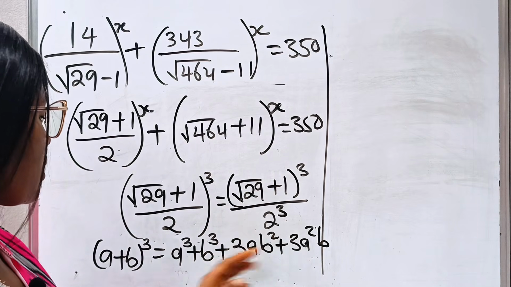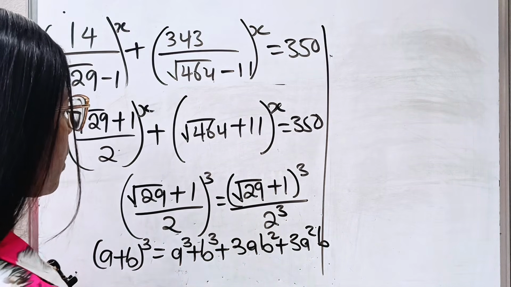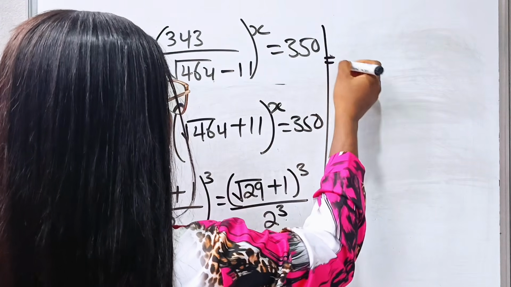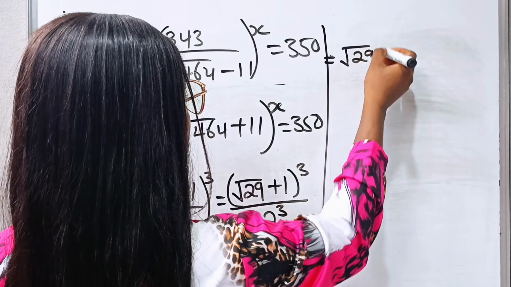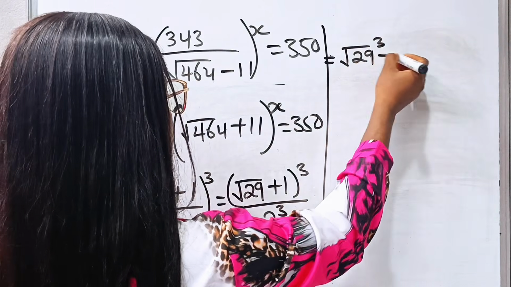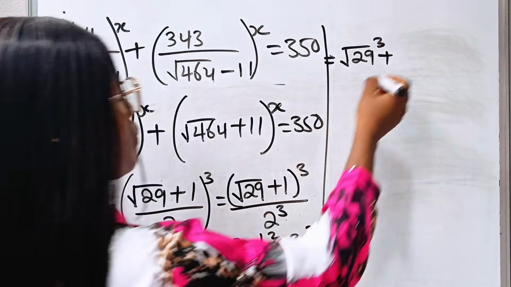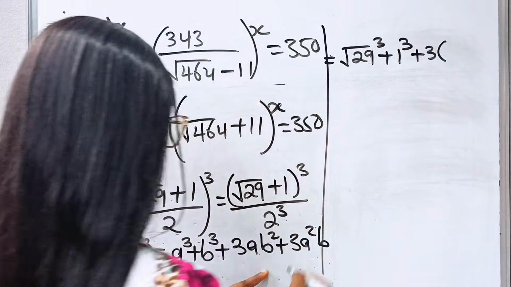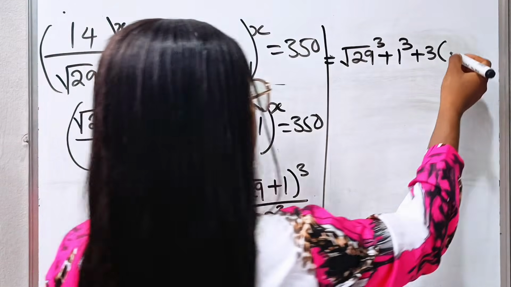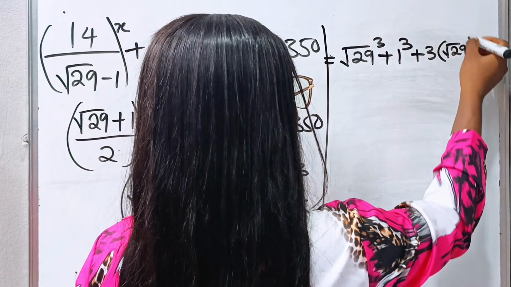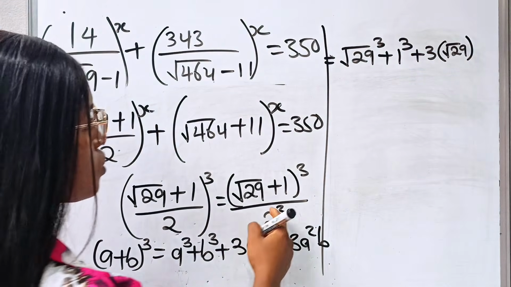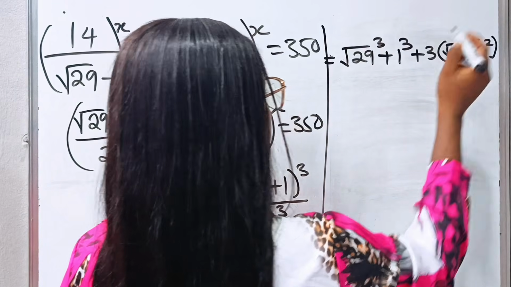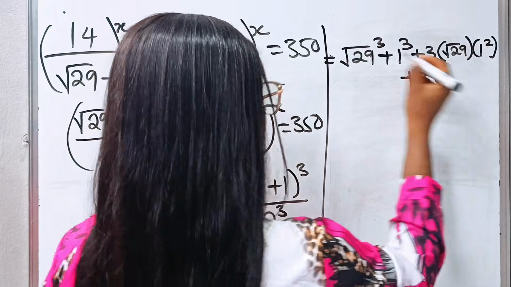So if we should expand this in this form, we are going to have this to the power of 3. So this is equal to square root of 29 to the power of 3 plus 1 to the power of 3 plus 3 into our a is root 29 and our b is 1, so 1 squared, then plus 3 brackets.